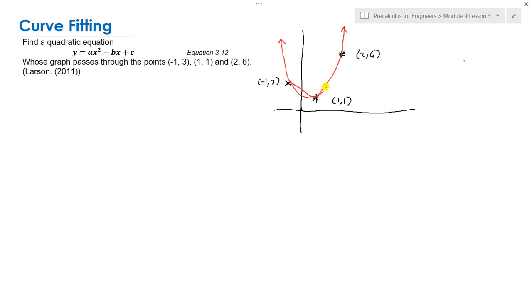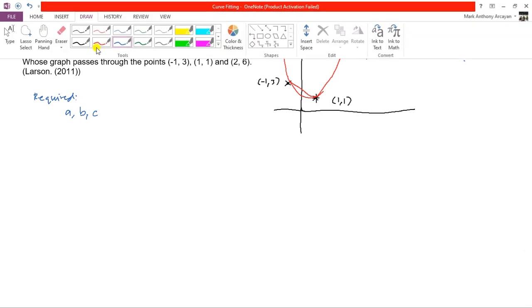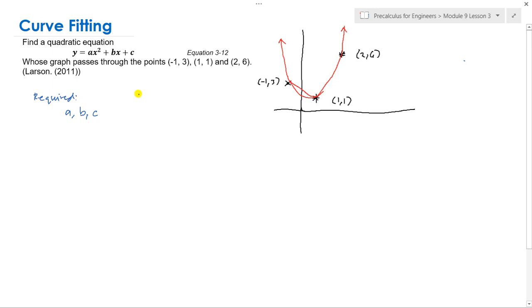So, we will find the values of our A, B, and C, since these are unknown parameters. So, required here is to solve for A, B, and C. Actually, this is similar to our previous problem, where we have 3 data. The first data is x equals to negative 1 and y is equals to 3.